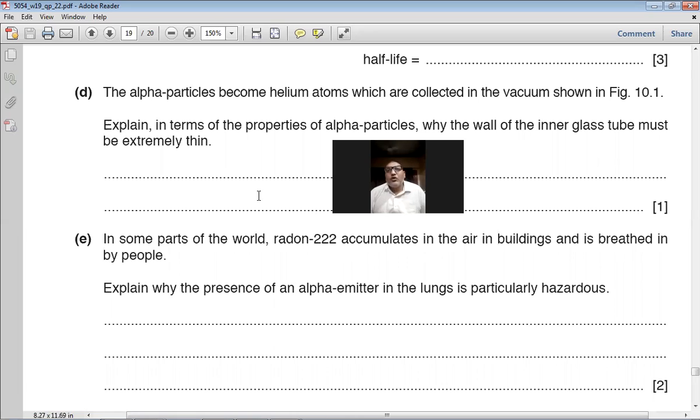They can only penetrate like 4 to 5 centimeters in air. They cannot pass through a paper. So their penetration power is very low. So the glass should be extremely thin so that the alpha particles can pass through it.